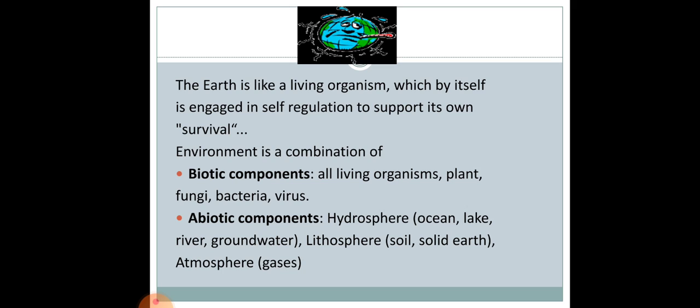Our surrounding includes biotic factors like human beings, plants, animals, microbes, etc., and also abiotic factors such as light, air, water, soil, etc. So we can say that environment is a complex of many variables that surrounds man and all other living organisms. The environment includes water, air and land, and also the interrelationships which exist among the water, air, land and the human beings, including other living creatures, plants, animals, microorganisms, etc.